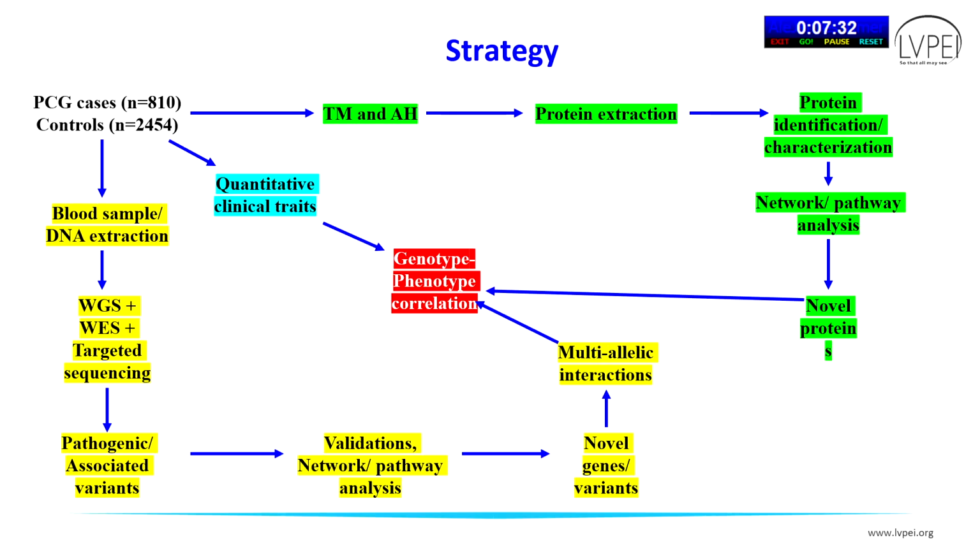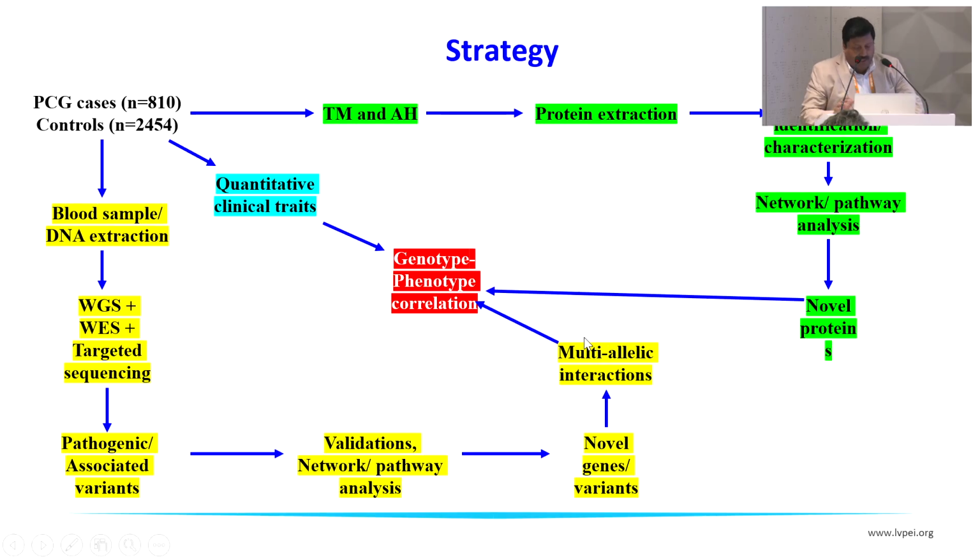Our strategy has been using multi-omics because using the conventional approach, we haven't been able to decipher the entire genetic basis of PCG. So we took a multi-omics approach. One was the genetic basis, using a combination of whole exome, whole genome, and targeted sequencing, followed by understanding multi-allelic inheritance and interactions, and thereby undertaking genotype-phenotype correlations.